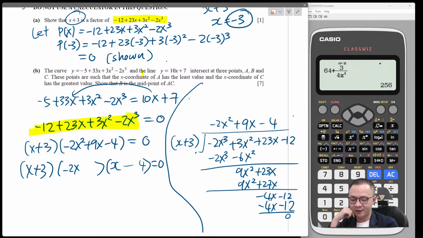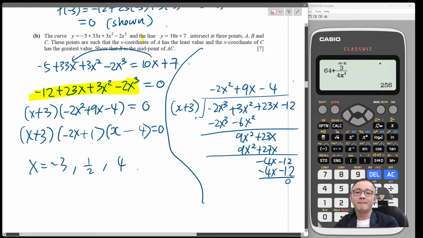This one should be -4, giving +8. This is +1. Yeah, correct. So therefore, smallest value first. The smallest value should be x equals 1 over 2. Then, oh, we still have negative 3. x equals negative 3, x equals 1 over 2, and x equals 4. So we have 3 different x values here.